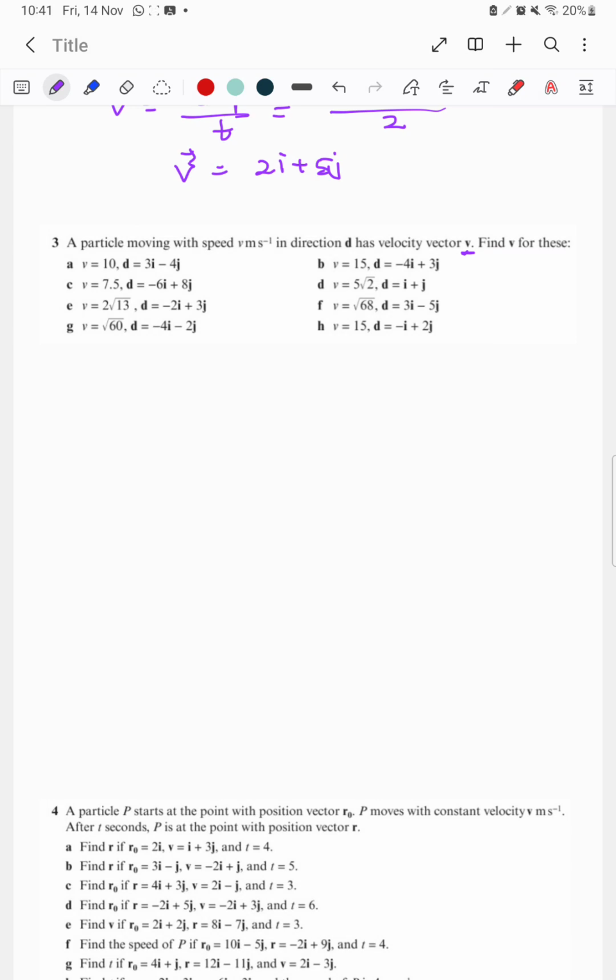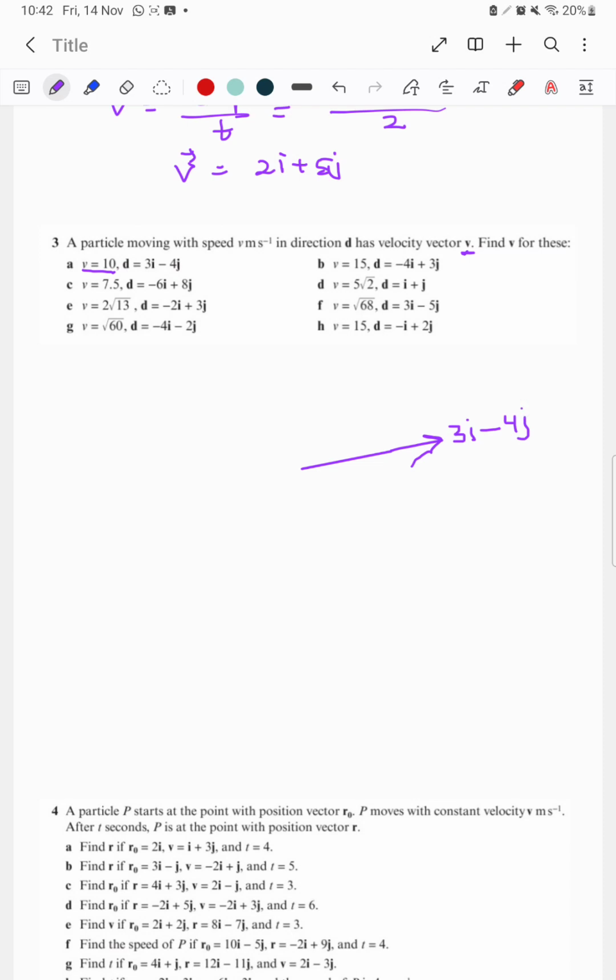Find v if the speed is 10, because this is given as the value, that is the magnitude, and d is given as the direction. The velocity vector is not given directly in the question, but because velocity is a vector, it is given in the direction of another vector, and this vector is 3i minus 4j.